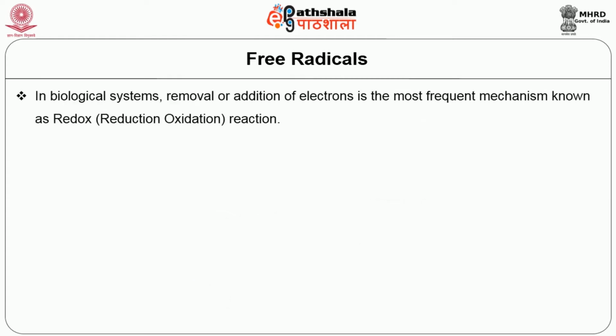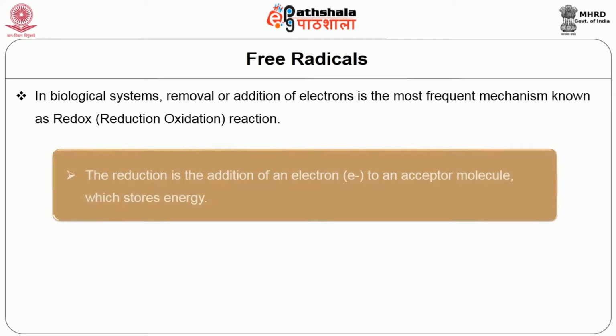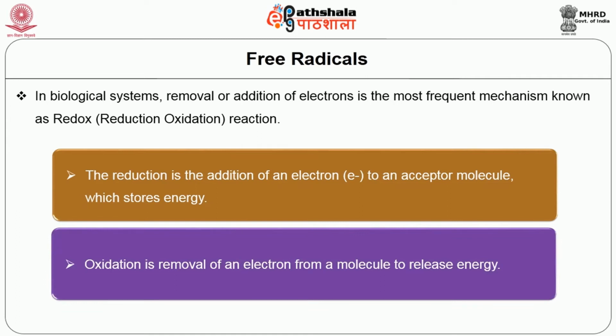In biological systems, removal or addition of electrons is the most frequent mechanism, which is known as redox reaction. Reduction is the addition of an electron to an acceptor molecule, which stores energy. Oxidation is removal of an electron from a molecule to release the energy.